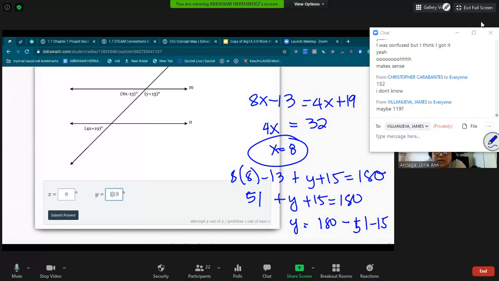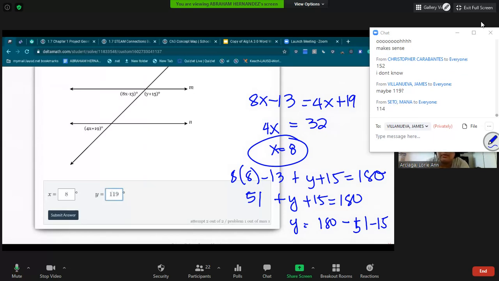Okay, 8 times 8 is 64 minus 13. Can you help me find what? Oh, 114? Sorry, I did not even realize that. Okay, Mana said 114. So 180 minus. Yeah, it's 114. Mana is right. 114. Yes, Christopher, you're right.